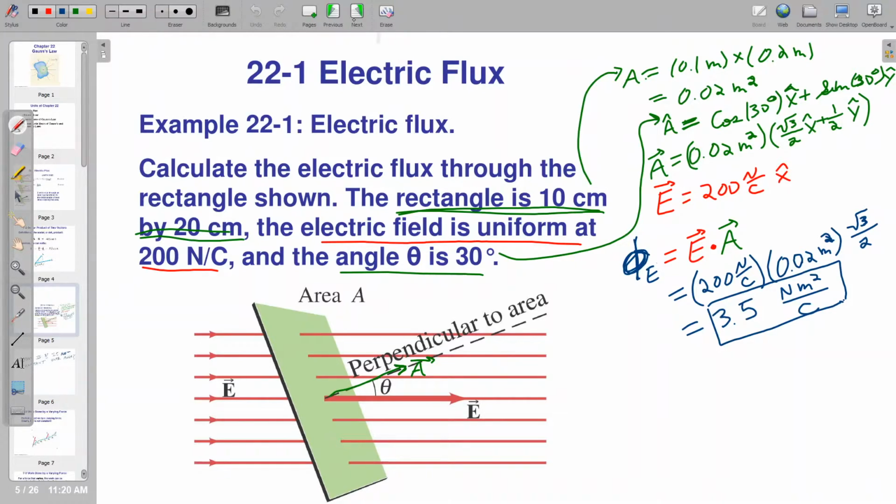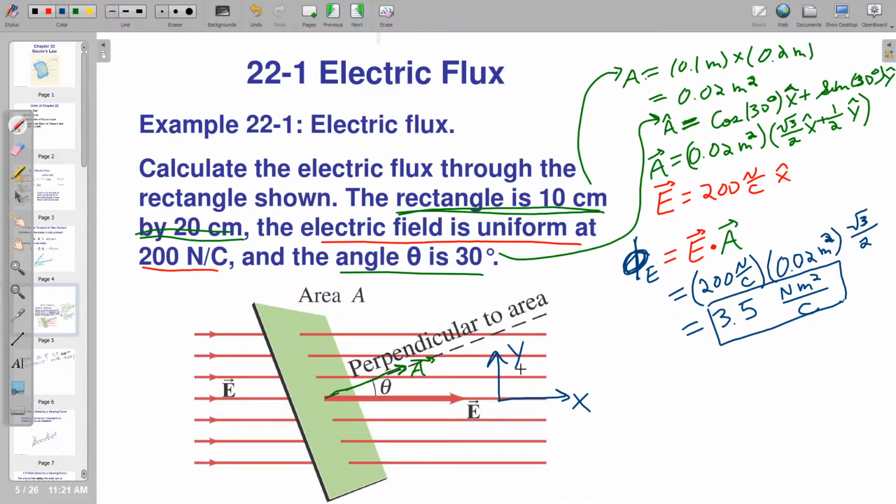Let's do an example problem. So here, we're going to calculate the electric flux going through the rectangle that's shown here, where the rectangle is 10 centimeters by 20 centimeters. The electric field is uniform at 200 newtons per coulomb, and I'm just going to say that it's pointing in the x direction. We'll call this the x-axis, and that the y-axis.